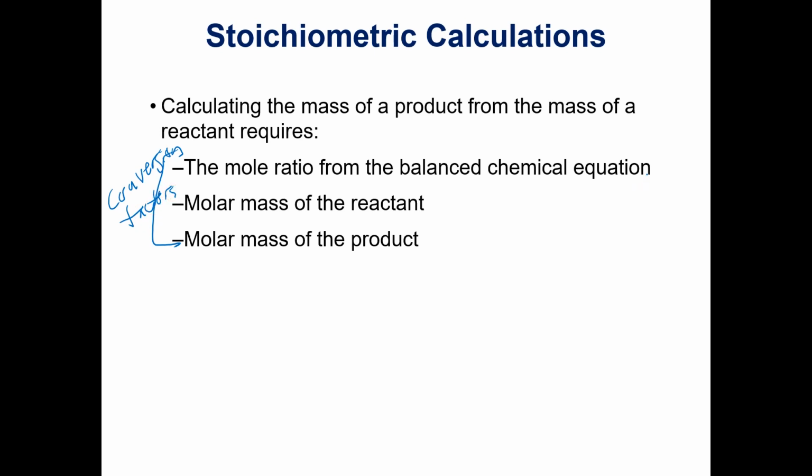So the three conversion factors that we need are the mole ratio from the balanced chemical equation, the molar mass of the product, and the molar mass of the reactant. So these 2 we can calculate from the periodic table, and then we just need the additional conversion factor, the mole ratio, from our balanced chemical equation.